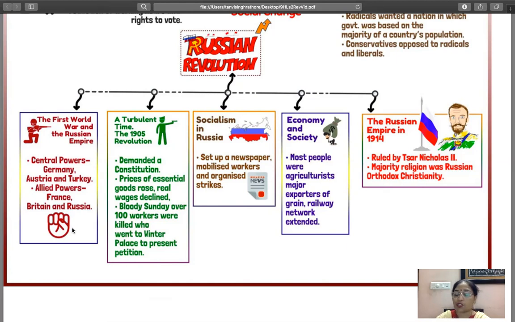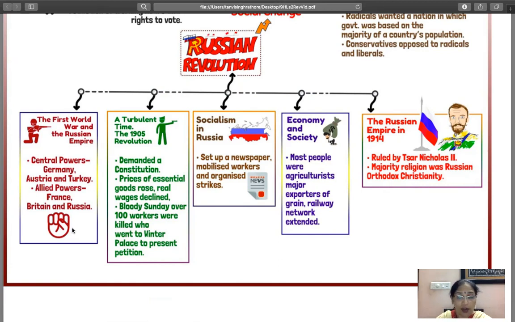Lenin demanded that the king should leave and that they should end the war. He wanted socialism to be established, and he was a very aggressive leader. There was a series of events in February, and finally in October the Bolsheviks took over.